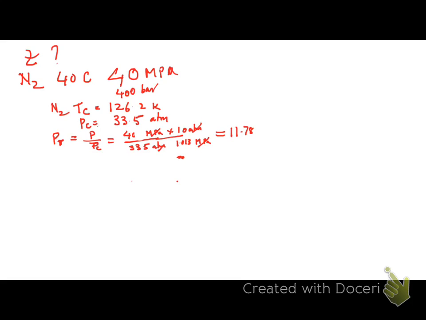Now let's look at TR too, T over TC. What is the temperature here? It's not 126.2 K, that's TC. The actual temperature is 40 degrees Celsius.